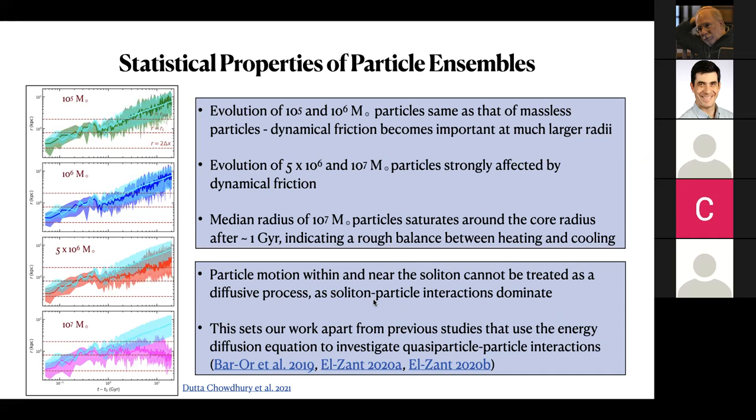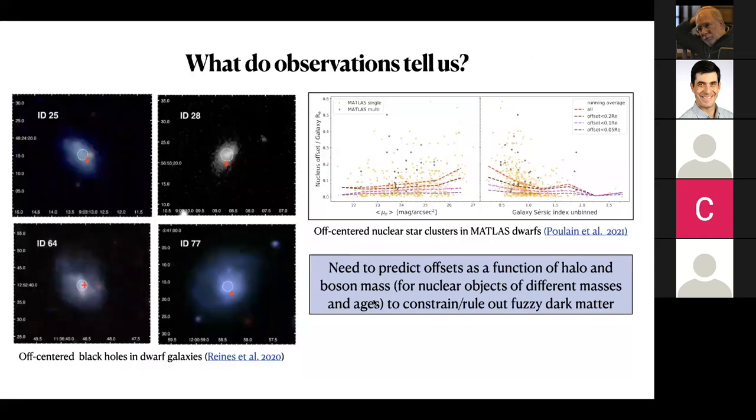But if you're interested in the interactions of the particle with the soliton, and that will dominate if the particle is near or inside the soliton, then we can't really treat it in a diffusion picture, because the soliton acts as a single body interacting with these particles. And therefore, that sets our work apart. Therefore, we do need this kind of simulation to understand what will happen inside or close to the soliton.